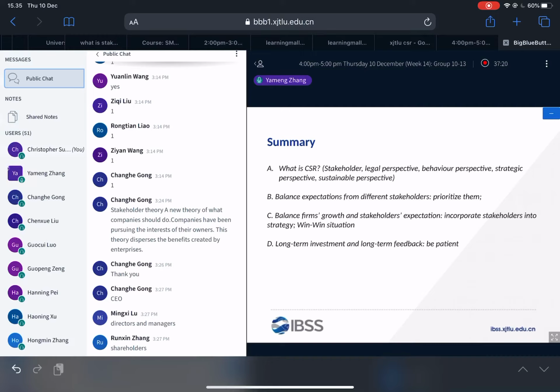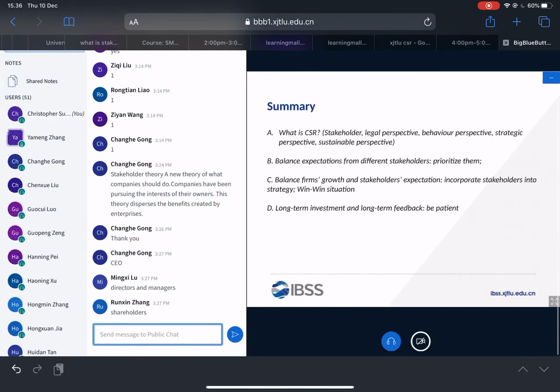The third point I want to summarize here is how to balance the firm's growth and stakeholders' expectations. We can notice that firms, of course, have external expectations from stakeholders, but they still have internal demands for growth.